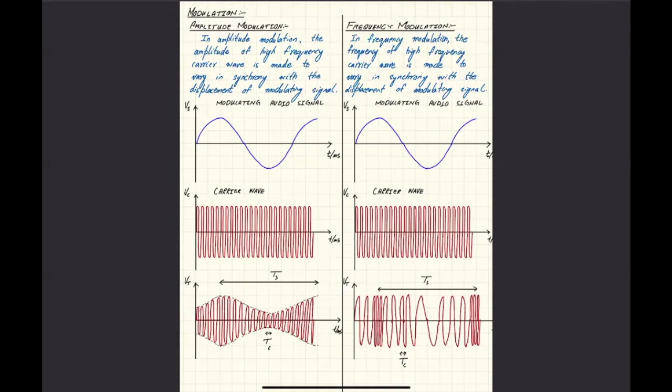The problem with low frequency is solved by modulation. And there are two types of modulation techniques: one is amplitude modulation and the other one is frequency modulation.